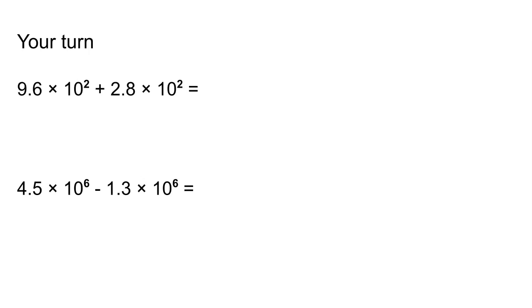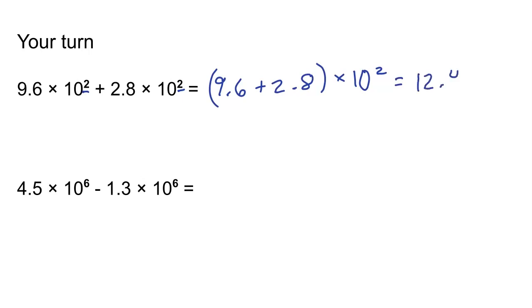Here you have 9.6 times 10 squared plus 2.8 times 10 squared. In this case, both numbers have the same exponent of 2, which means you can go ahead and add the coefficients, which gives you 9.6 plus 2.8 times 10 squared. And 9.6 plus 2.8 equals 12.4 times 10 squared.